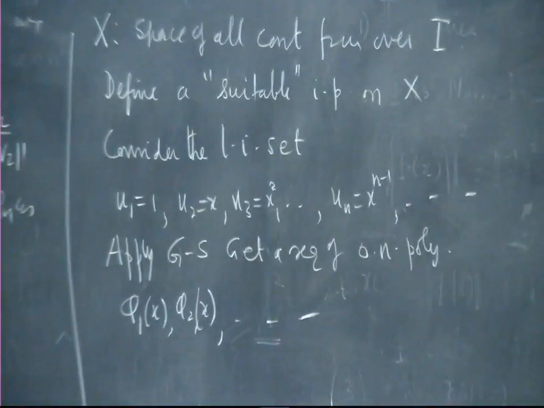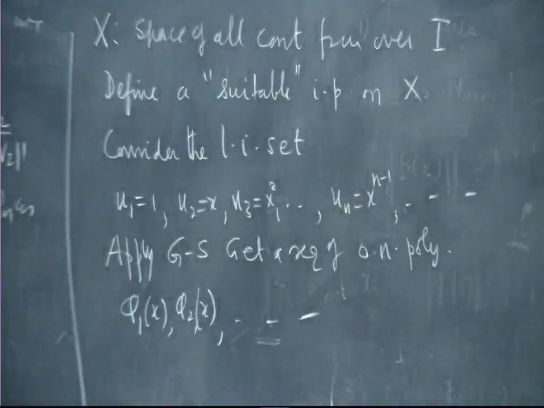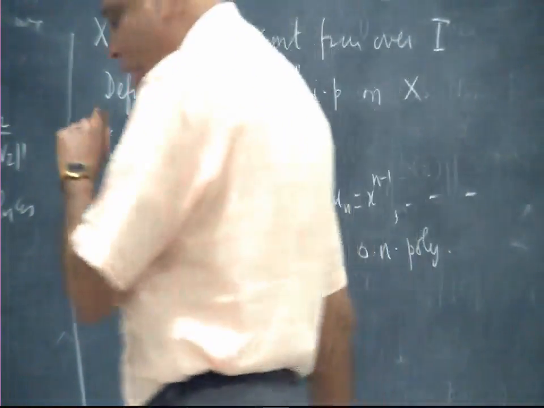There are books and books written on orthogonal polynomials, but all of them are captured in these 4 lines. Start with the space of all continuous functions over a suitable interval, define a suitable inner product, apply Gram-Schmidt, and you get it. Let me explain what this means.